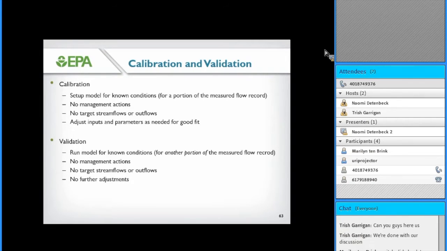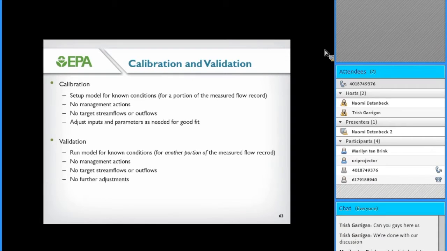So this would be for a portion of the flow record, and when we say a portion, it's basically a number of days or a year in the flow record. You represent all of the model characteristics for that same period. So your demand is going to be for the period that you're trying to calibrate against.